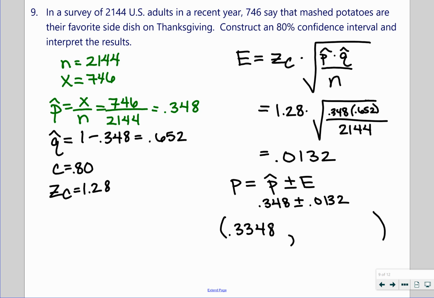If I add it, 0.3612 or 36.12%. Okay. And that's your 80% confidence interval for the population proportion. So you could say with 80% confidence, we can say that the population proportion is within these two values.